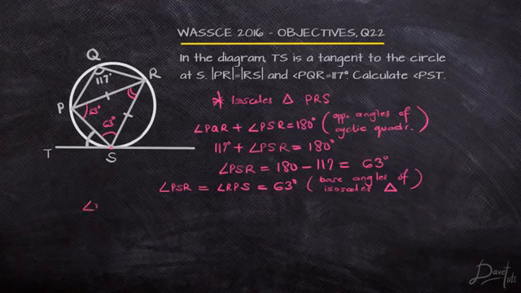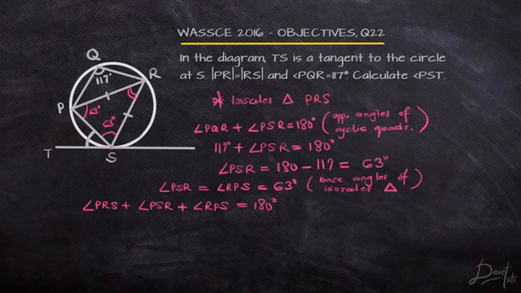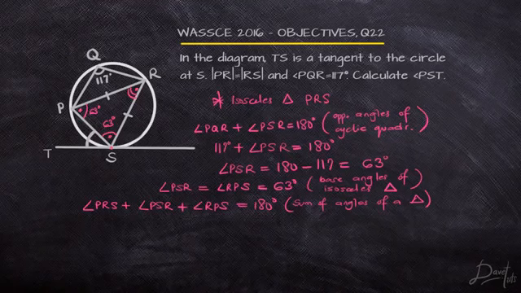Moving on from there, we know we can easily find angle PRS because the sum of angles of a triangle will also add up to 180 degrees. And we have already gotten two base angles of the triangle, both of them having a value of 63 degrees.